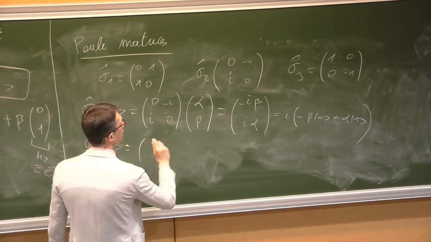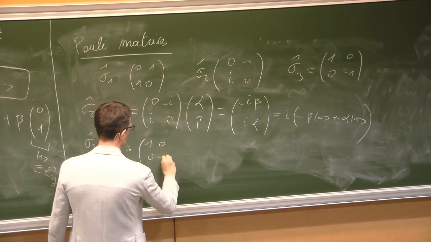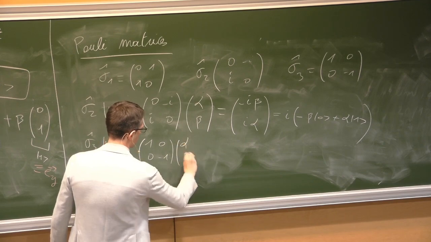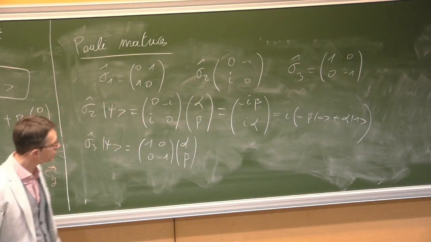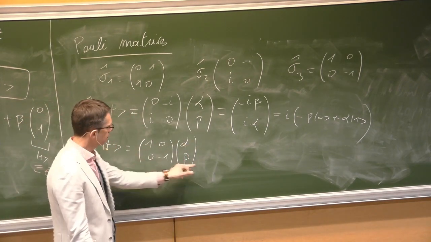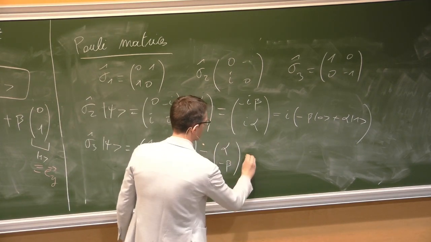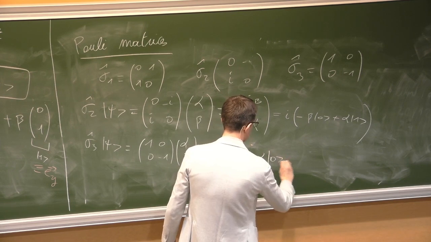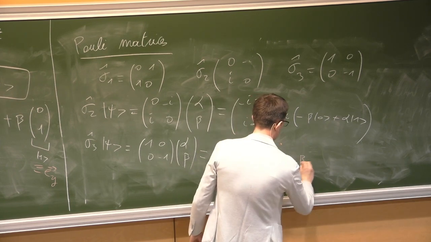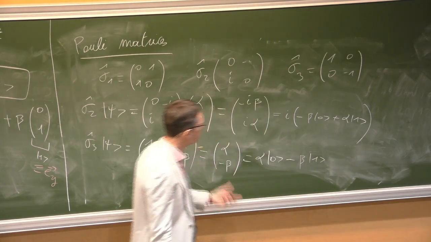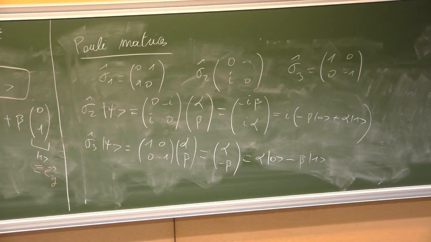Sigma 3 would be 1, 0, 0, minus 1, applied to alpha beta. So that would be alpha and then minus beta. In this case it would be alpha 0 minus beta 1. So what I've done here is I just changed the sign. Okay.